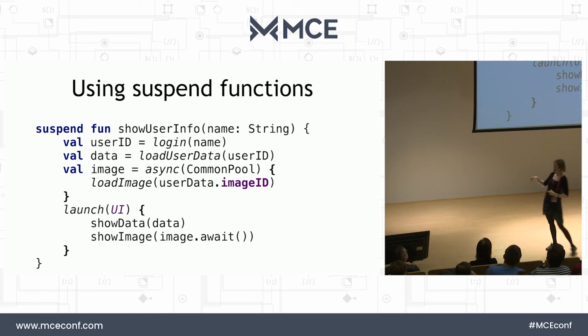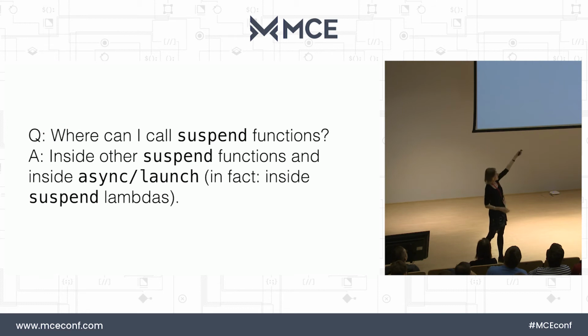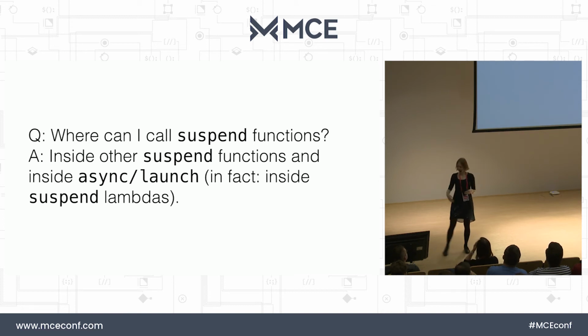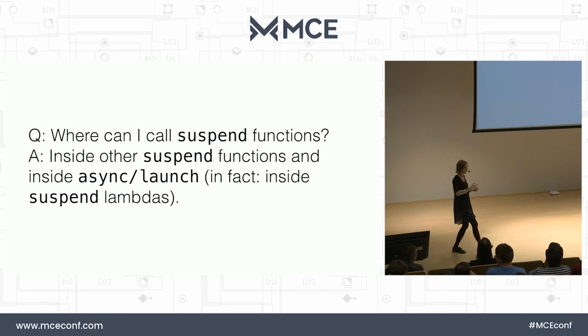If you try to call, for instance, login or load user data, which are suspend functions, you have to make the upper function suspend. Or the other case, you can call it inside these special library functions that we saw so far, like async and launch. But under the hood, they are declared to take some other built-in thing as a parameter, a suspend lambda.